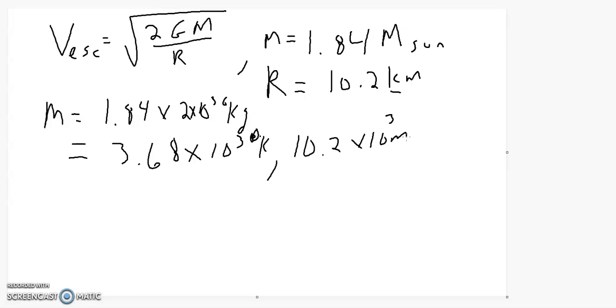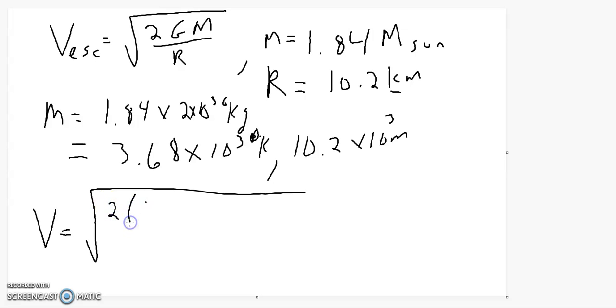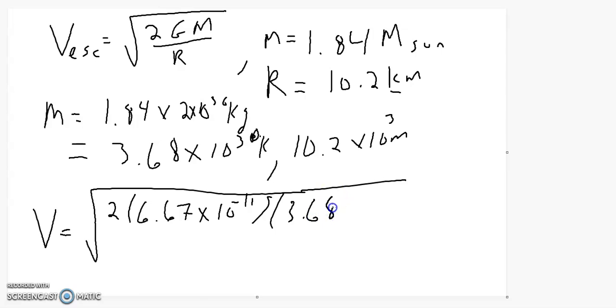All right, so here we go. Let's write out the escape velocity. Don't forget, you have to take the square root. So this is the square root of 2 times 6.67 times 10 to the minus 11th, times the mass that we just figured out, 3.68 times 10 to the 30th, which you could also write as E 30.